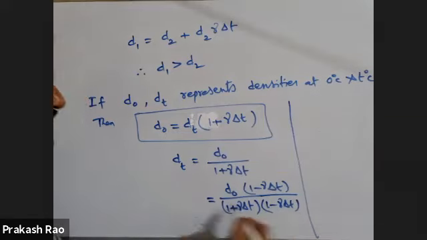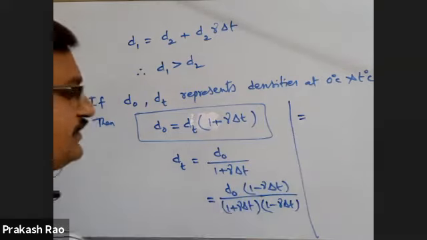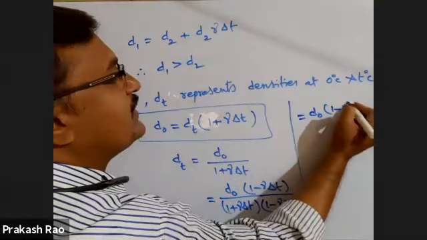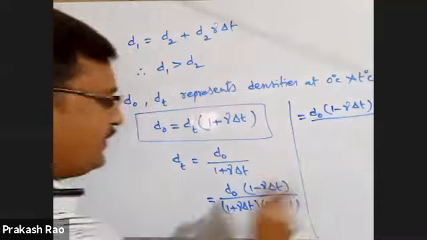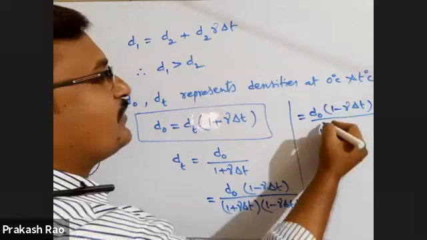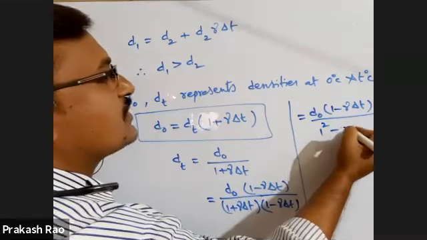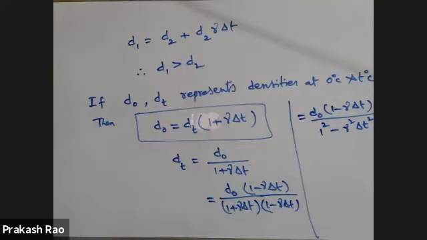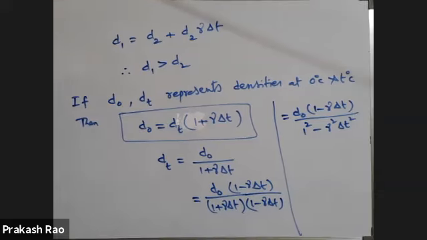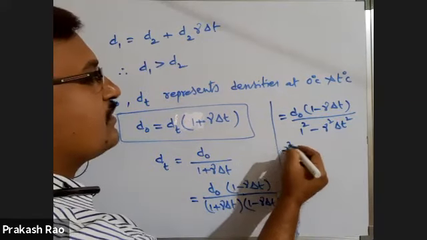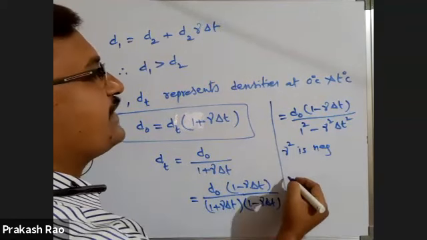so if you consider this step, here you can write it as d0 into 1 minus gamma into delta t by a plus b into a minus b, a square minus b square. A square means 1 square, which is 1 only, minus gamma square delta t square. But as gamma is very small, gamma square will be too small, so it is neglected.